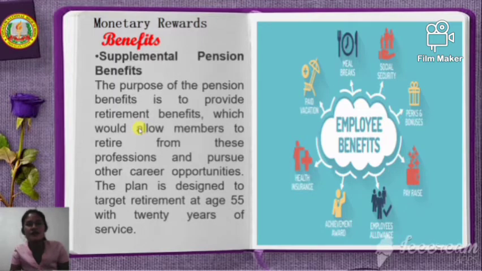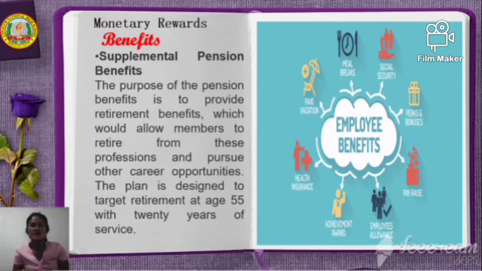Another example of benefits is the supplemental pension benefits for the policemen. The purpose of the pension benefits is to provide retirement benefits which would allow members to retire from these professions and pursue other career opportunities. The plan is designed to target retirement at the age of 55 with 20 years of service.